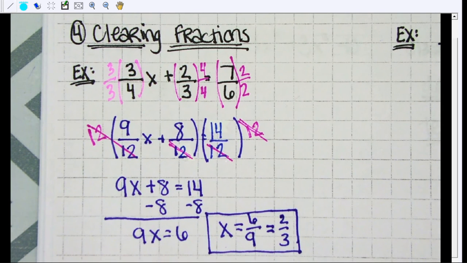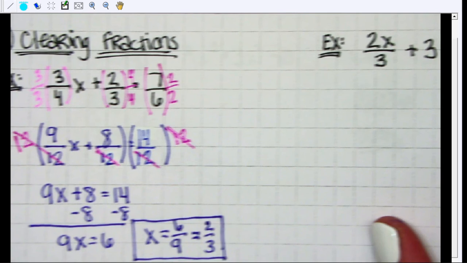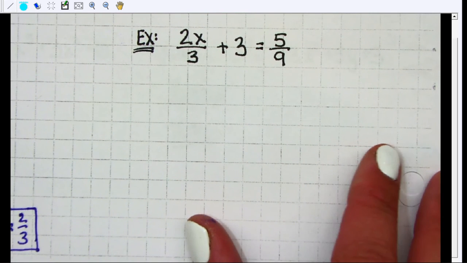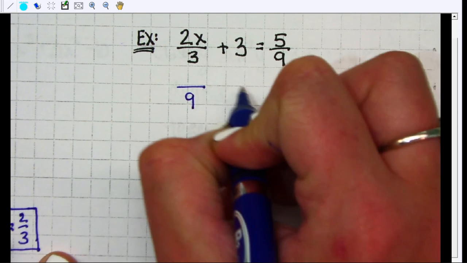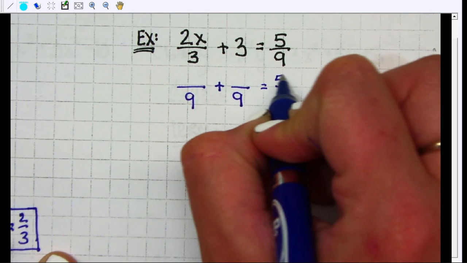All right, let's do the very last example, and then we'll just do our practice until 3, and then we'll start factoring tomorrow. So what's the common denominator between those fractions? 9. So this is going to be over 9 plus something over 9. And this is already over 9, so we're going to leave it 5 over 9.